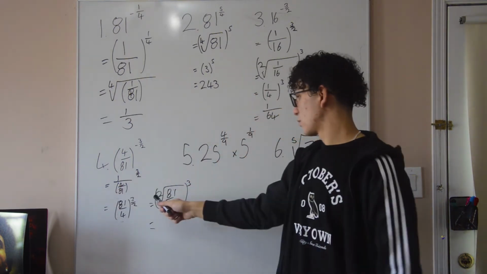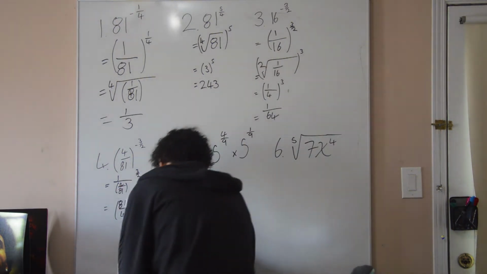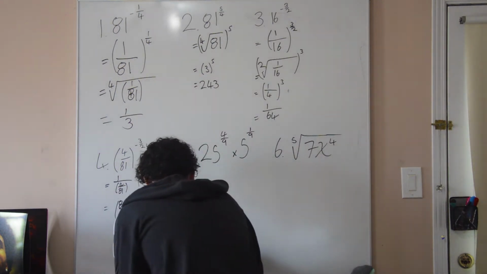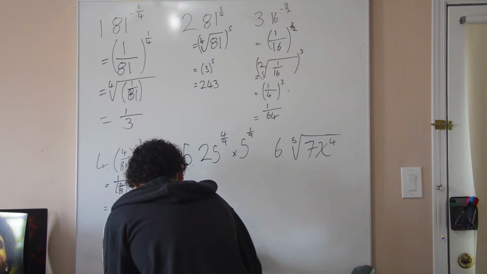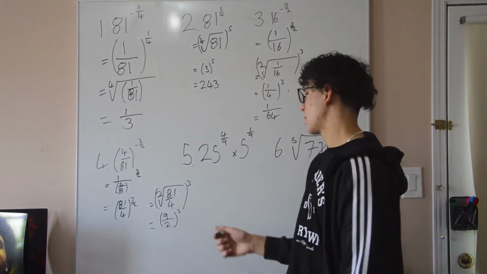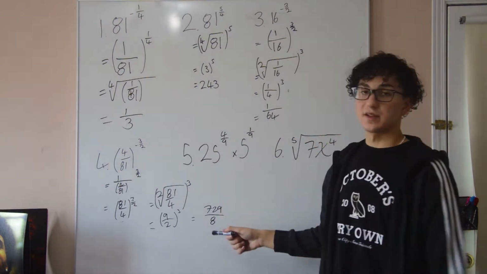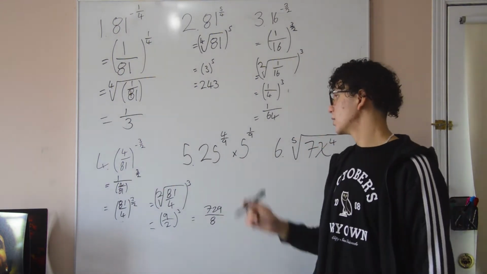And we get, what's the square root of 81? Well, 9. And what's the square root of 4? 2. We get 9 over 2 to the power of 3. So what's 9 to the power of 3? Well, 729. And 2 to the power of 3 is 8. Just like that. That's our final answer. Let's move on to number 5.